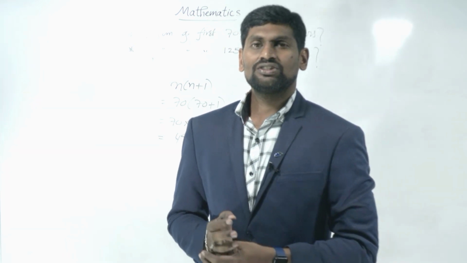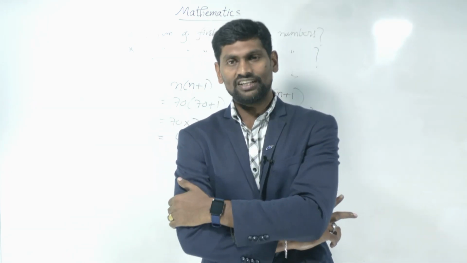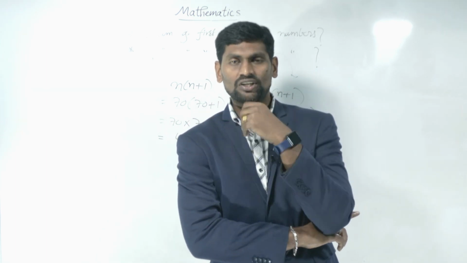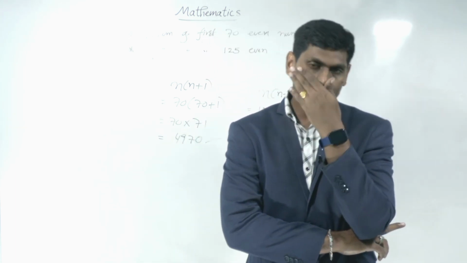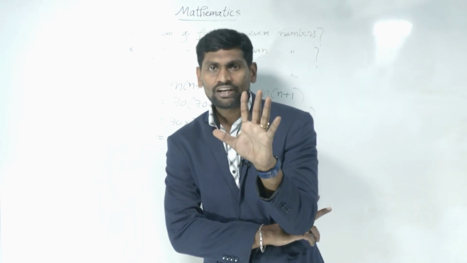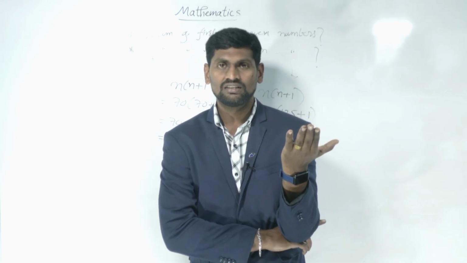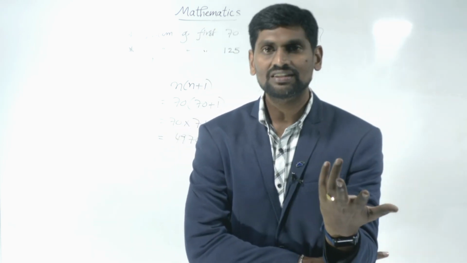Very good. 0 is additive identity, 1 is multiplicative identity. Next, inverse. Additive inverse only you are learning. For every positive integer, there must be a negative integer. For 5, what is additive inverse? Minus 5. For minus 6, additive inverse plus 6.